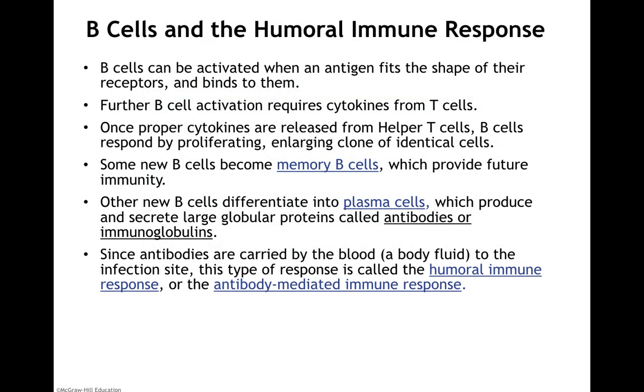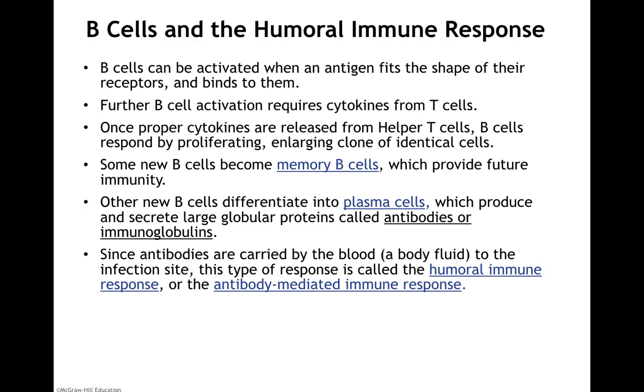B cells are activated when an antigen that fits the shape of their receptor binds to them. Their receptor is an antibody, an IgM antibody on the surface of a B cell. Once that happens, and if there is help from T cells, the B cells will begin to produce more of their antibody, and their antibody will become more specific as it matures.